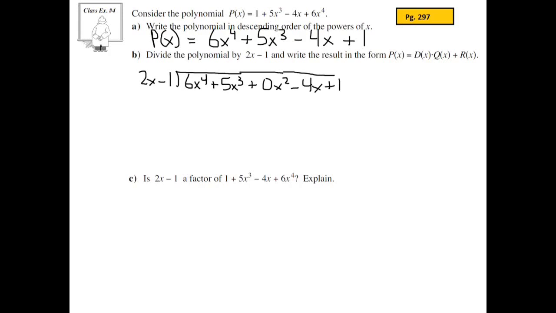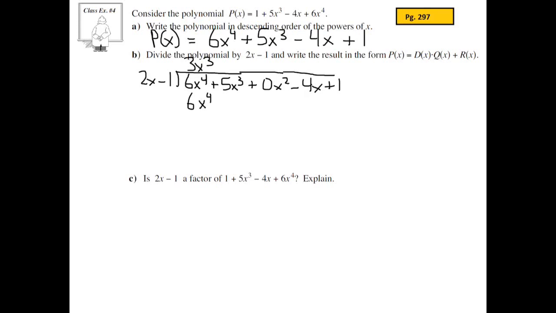So 6x to the power of 4 divided by 2x is going to be 3x to the power of 3. Okay, so if you multiply that together with all of it, that being the 2x minus 1, you're going to have 6x to the power of 4, which is eventually going to be cancelled out.